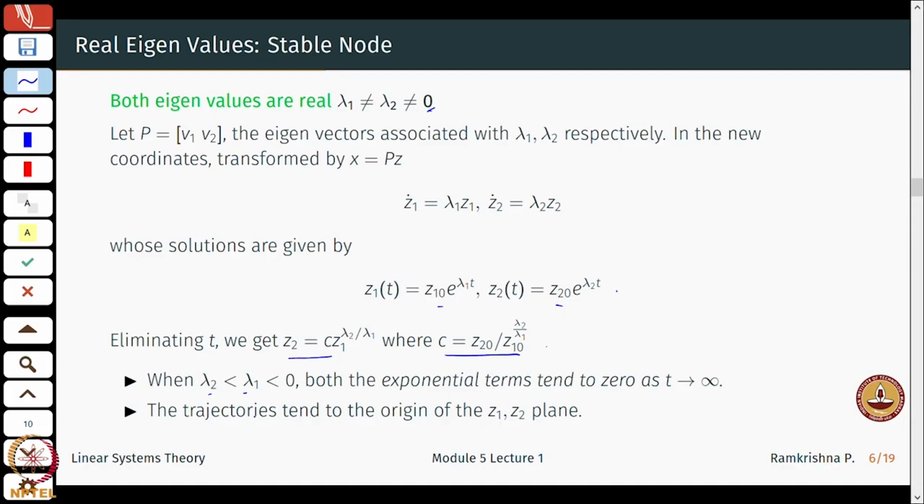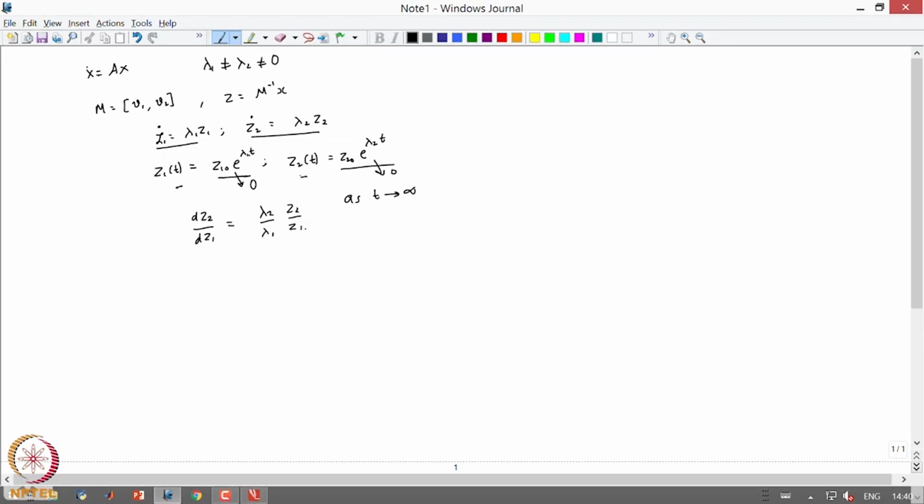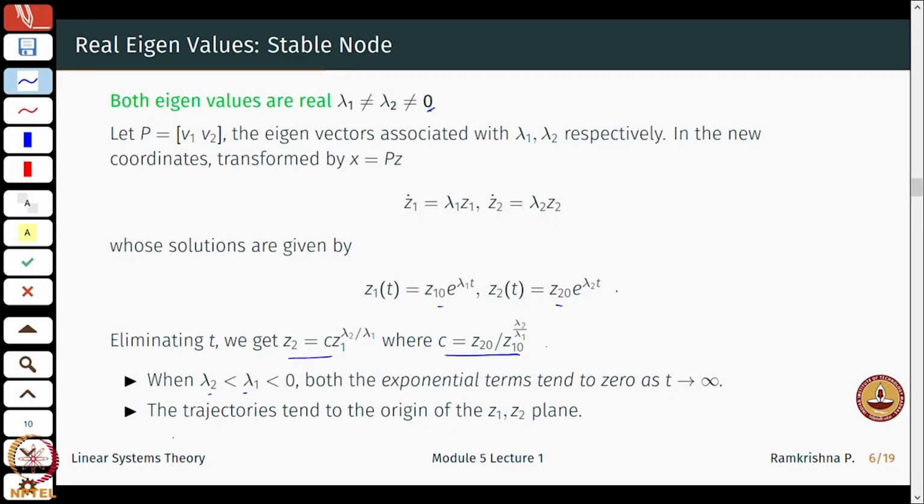If I look at the Z1 Z2 plane, the trajectories tend to the origin, so Z1 goes to 0 and Z2 also goes to 0. And of course, in this case the origin turns out to be the equilibrium point. You can just substitute Z1 dot and Z2 dot as 0 and end up with equations lambda 1 Z1 is 0, lambda 2 Z2 is 0, and therefore, Z1, Z2 is 0, 0, which is the equilibrium point.